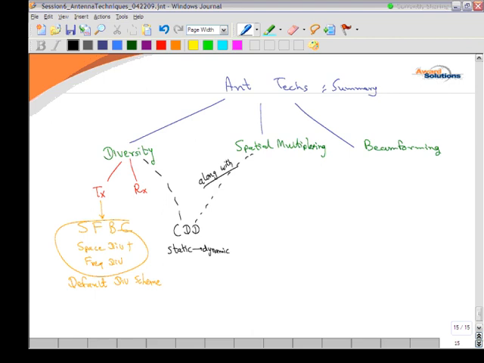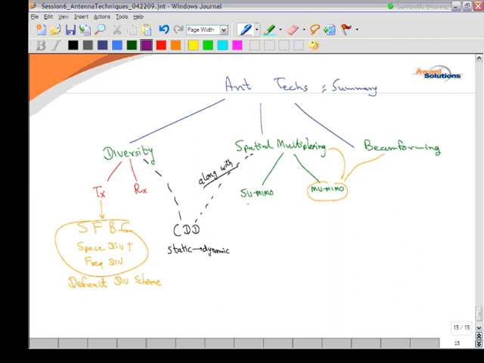Both options are available. In spatial multiplexing, we have single user MIMO and we have multi-user MIMO. And you can think of multi-user MIMO as the combination of spatial multiplexing and beamforming.